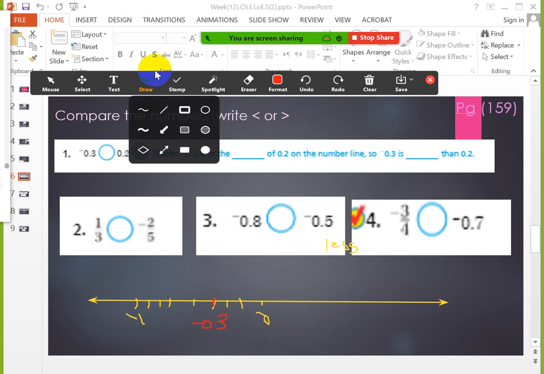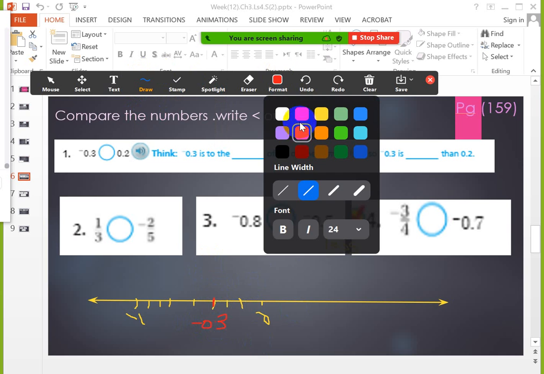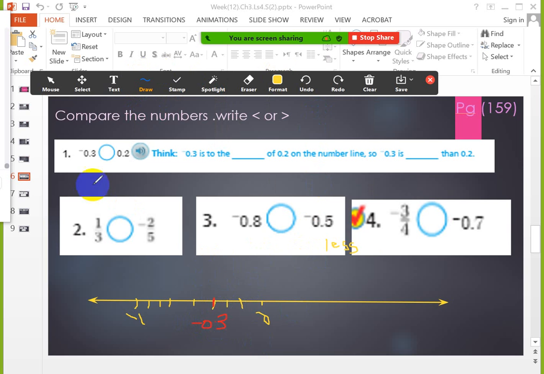And I want to locate the number 0.2. The 0.2 is a positive number. That means it will be on the right side of 0. This is 1. And if you divide the number line into 10 equal parts, as we said, so it will be where? This is 1 and 2.